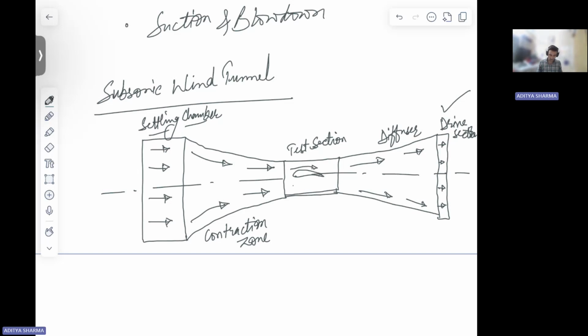And then eventually your flow enters the diffuser where the flow diffuses, its velocity reduces, and then it exits the wind tunnel. So this is your subsonic wind tunnel.